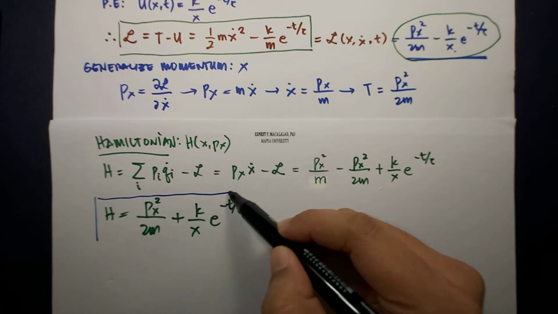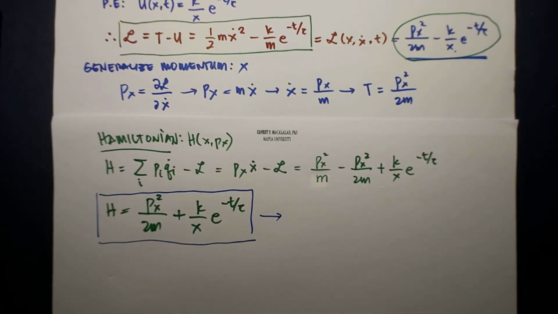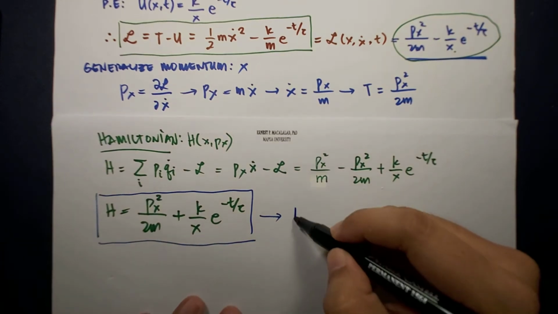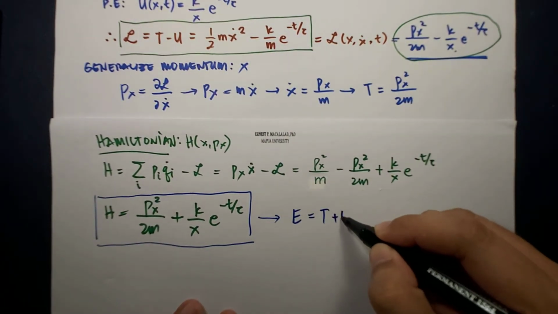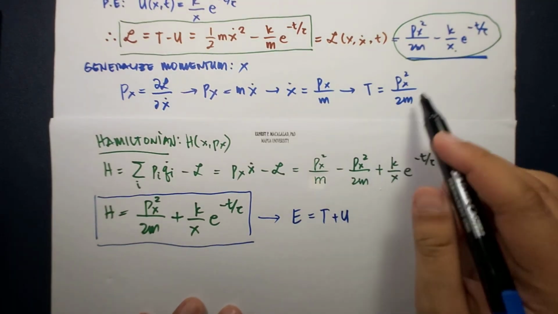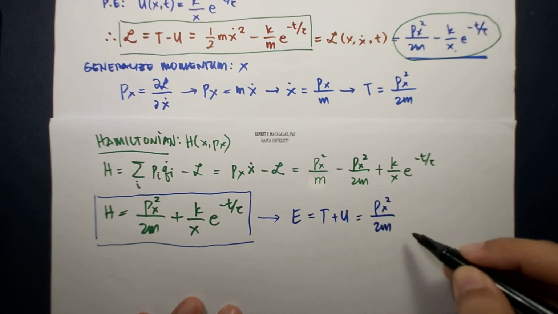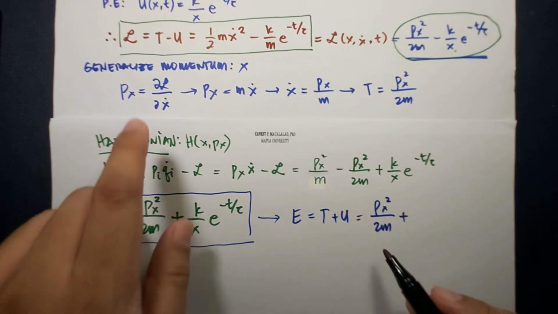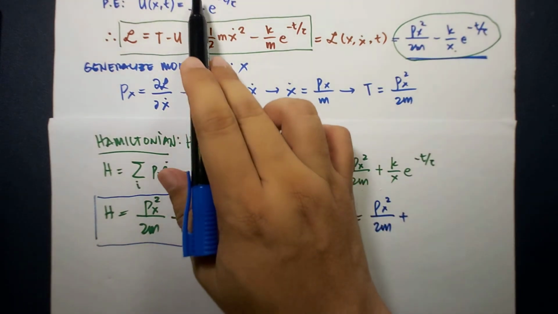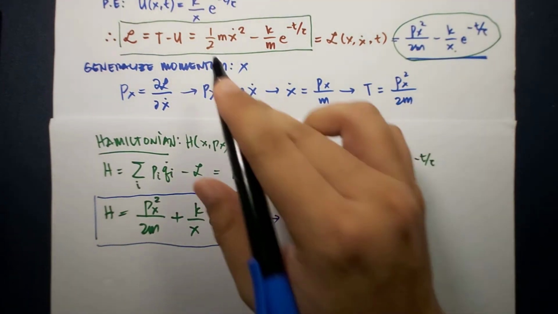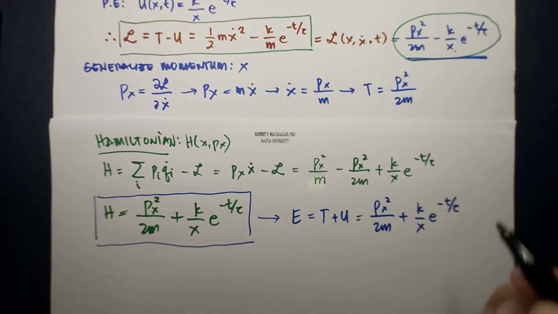So this is our Hamiltonian. In this case, you will see that the total energy is equal to T plus U. T would be px squared over 2m plus our potential energy, which is k over x e to the negative t over tau.